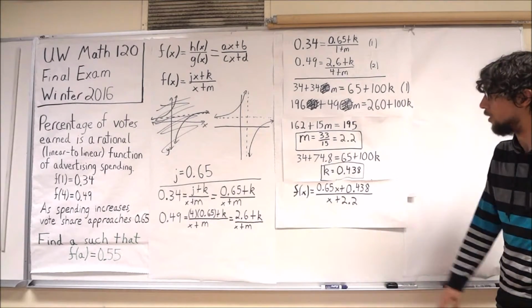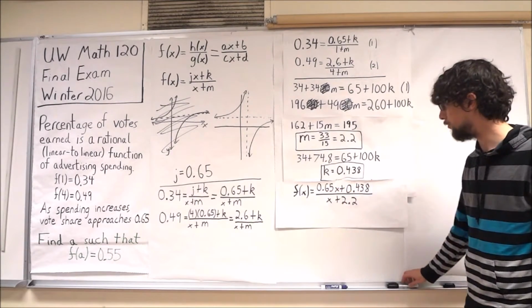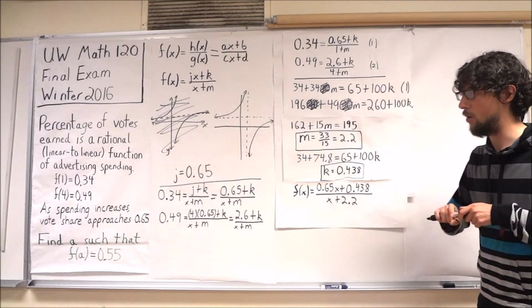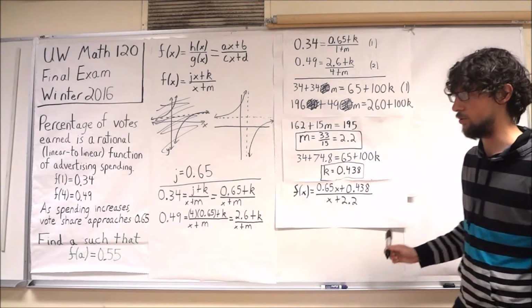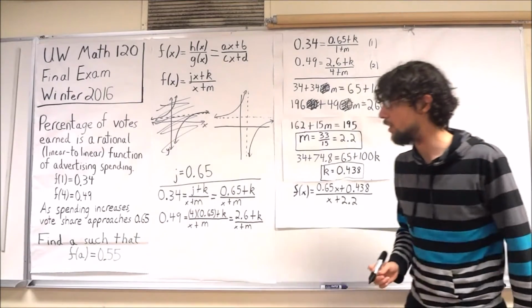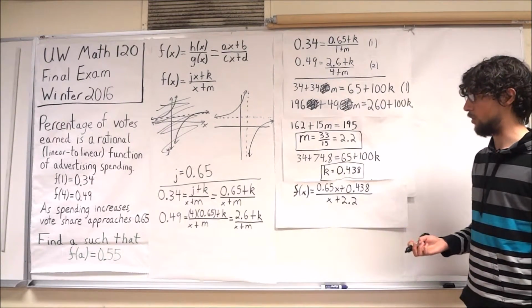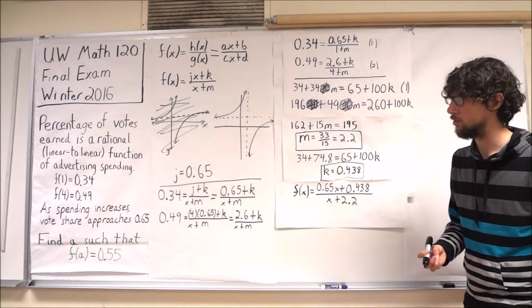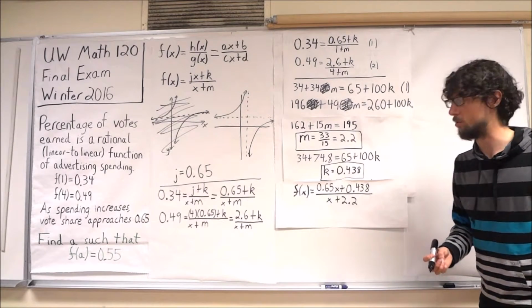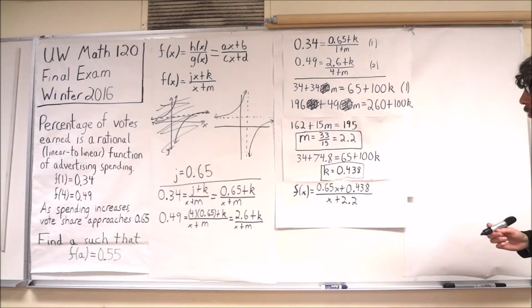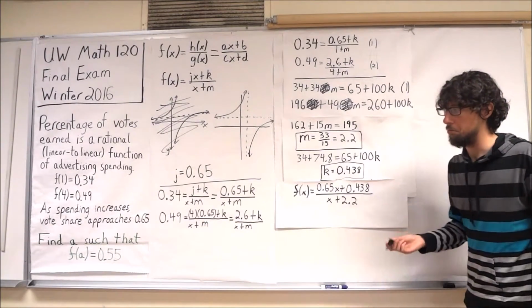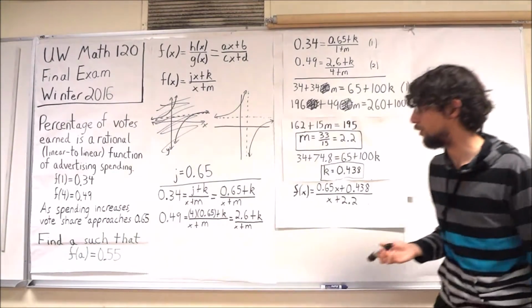Okay, so now I have a function f here. We can now do what the question actually asked us to do, which was to find an amount of advertising spending that would correspond with a vote percentage of 55%. So we simply need to set up this equation and solve for a.